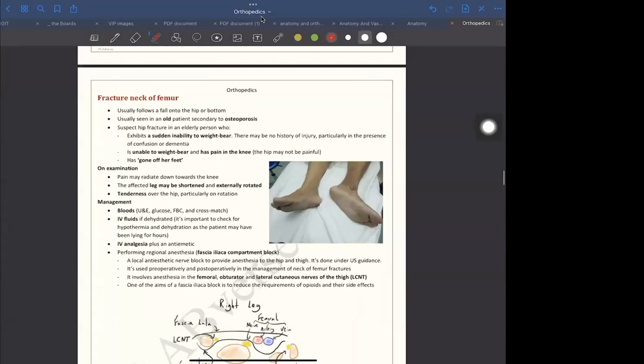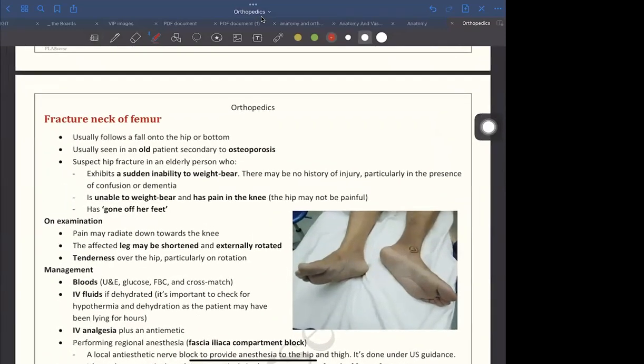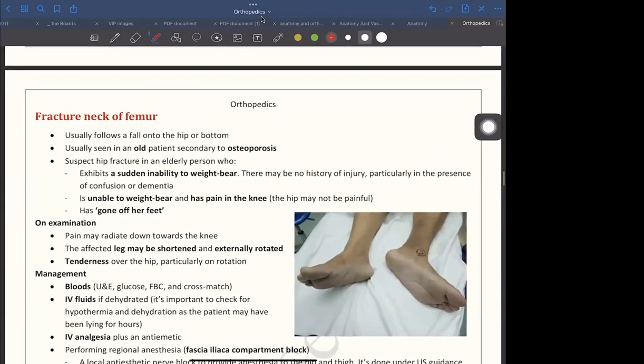Anyway, we're going to talk about neck of femur fractures. In the UK, this is the commonest fracture, and it usually happens in old age. There are multiple different types of neck of femur fracture. The main classification is either intracapsular or extracapsular.